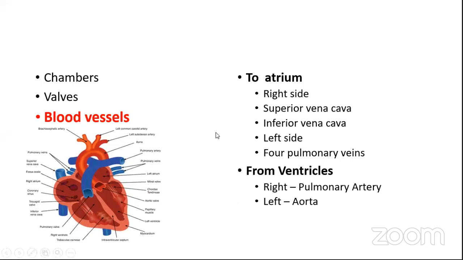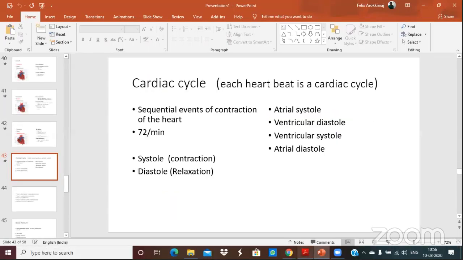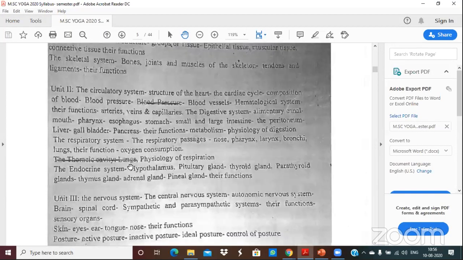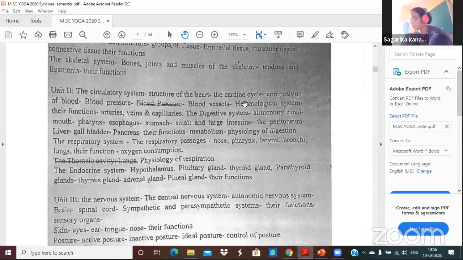Okay, good. If you see the syllabus, you can see next here: the circulatory system. The structure of the heart is over. That's called anatomy. Structure means anatomy of the heart. We move on to the cardiac cycle.